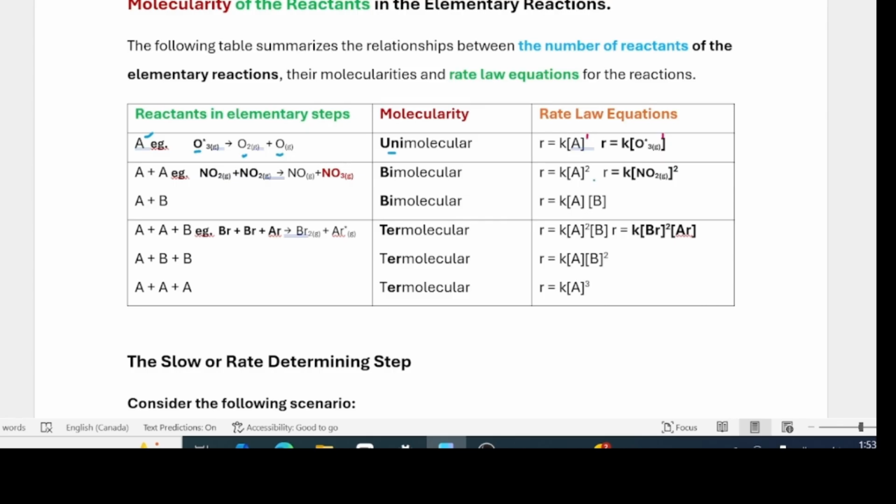Its rate law expression will be equal to k times the concentration of ozone raised to a power of 1. We're just putting in that 1 there for a point of emphasis.